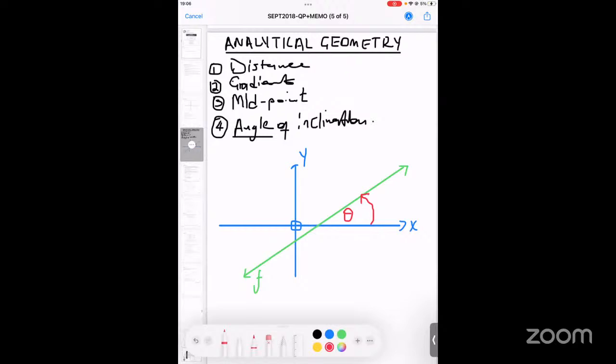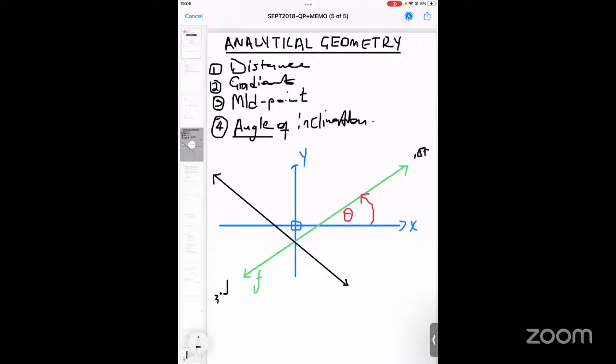What if we now have a line which is like that? Remember, guys, a line that ends in the first quadrant and the third quadrant will always have a positive gradient. Just remember that when you have to calculate the gradient.